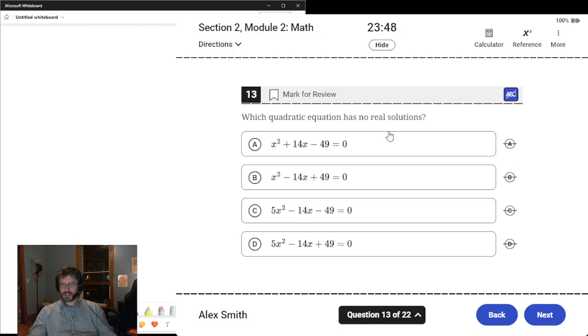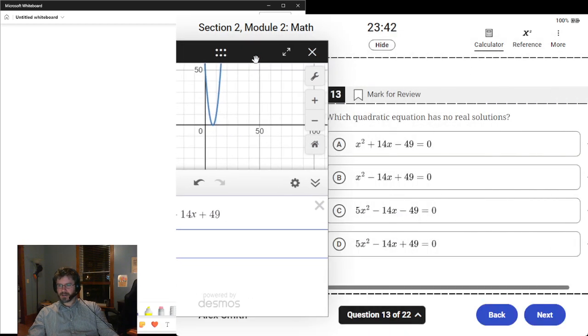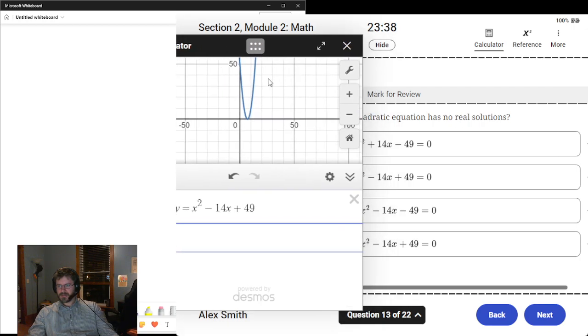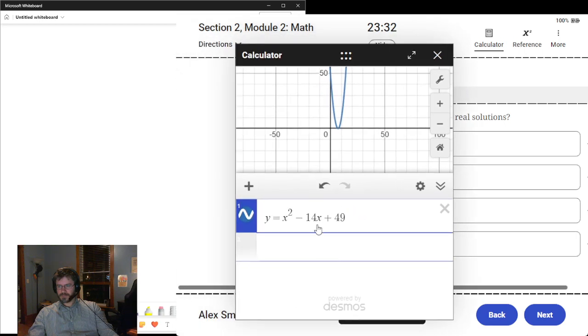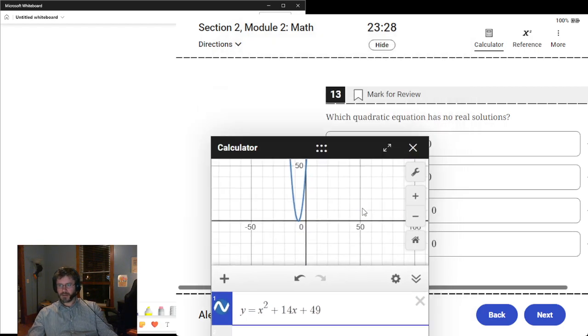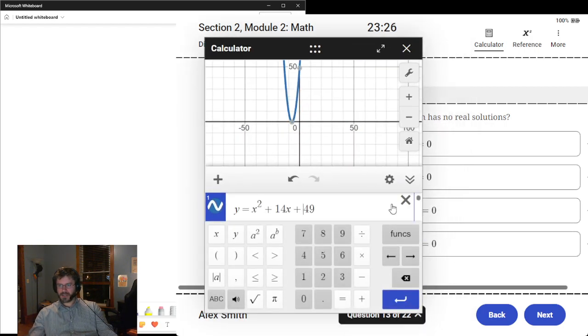Which quadratic equation has no real solutions? Did I mess that up? Let's be a little bit more systematic in our approach here. So we got x plus 14 minus 49. That has solutions.